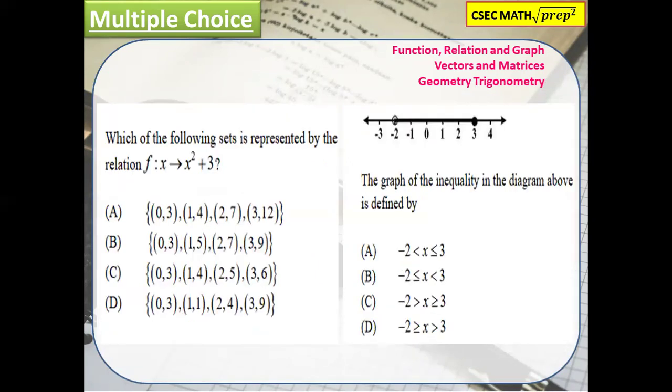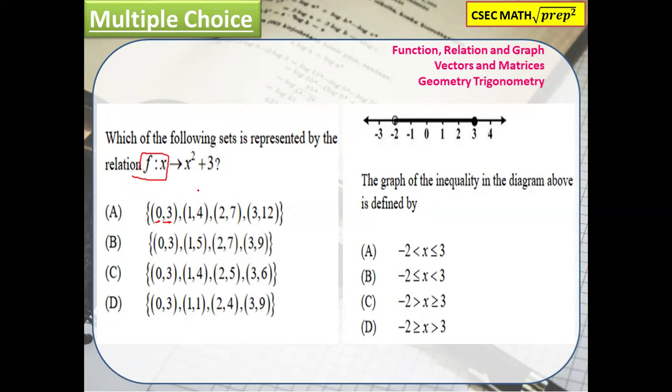So which of the following sets is represented by f: x squared maps to x squared plus 3? What's happening here is that the x values are the first numbers, and the f(x) values are the second numbers. So if you square the first number and add 3 to it, you should get the second one.